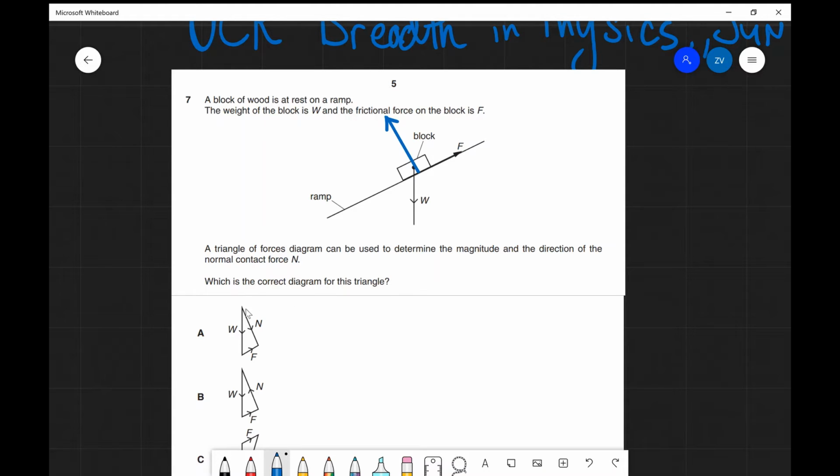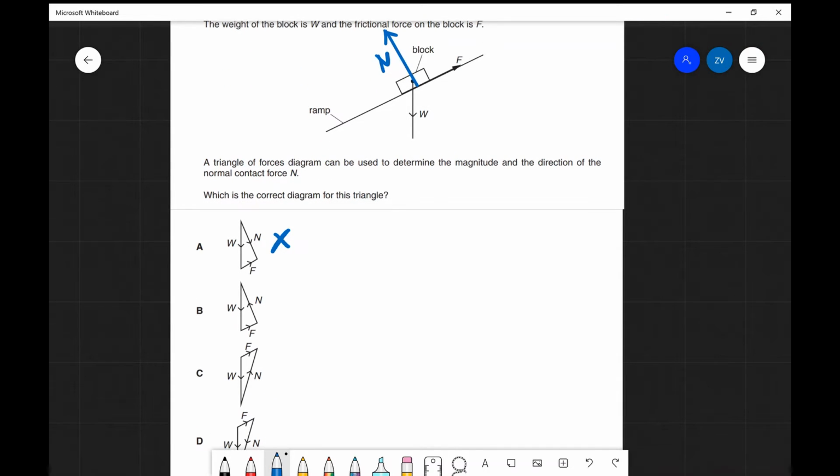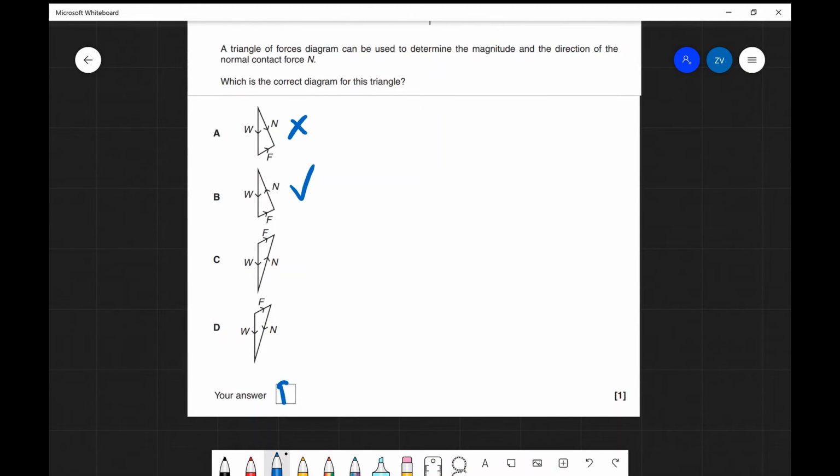However, you can see that the normal force is pointing downwards, where our normal force is pointing upwards, so it can't be A. Let's move on to B. We have exactly the same triangle, however the direction of the normal force is pointing upwards, so this has got to be correct. So the correct answer in this case is B.